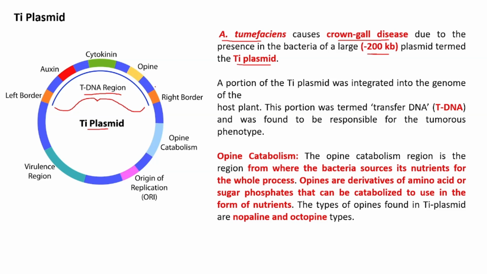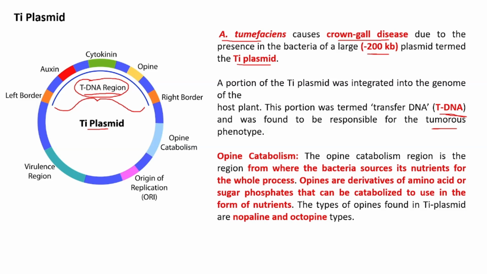Just to resolve your confusion, the Ti plasmid is actually made up of tDNA plus other genes. This tDNA is the portion which is transformed and integrated within the genome of the host plant, and is involved in the development of the tumorous phenotype.